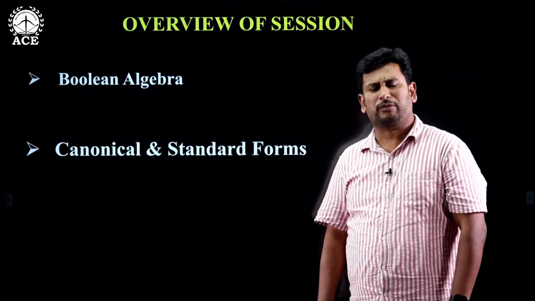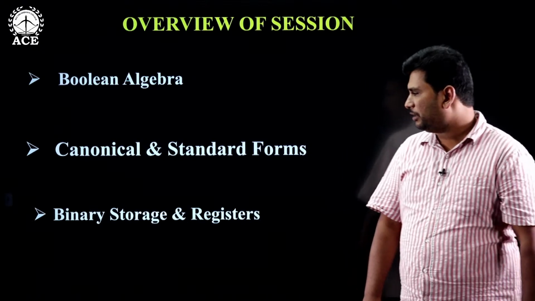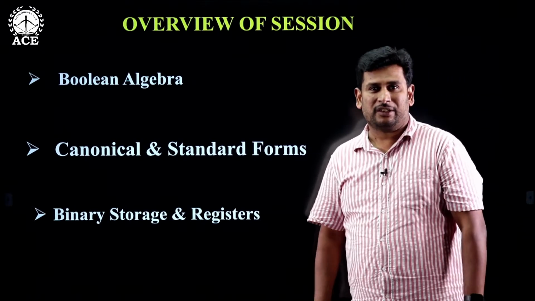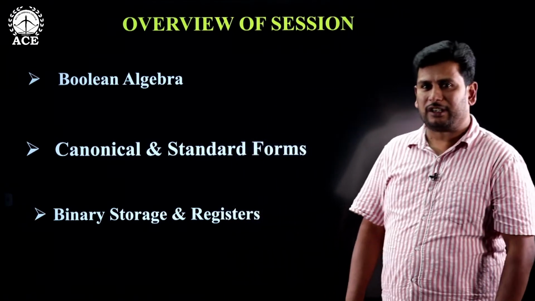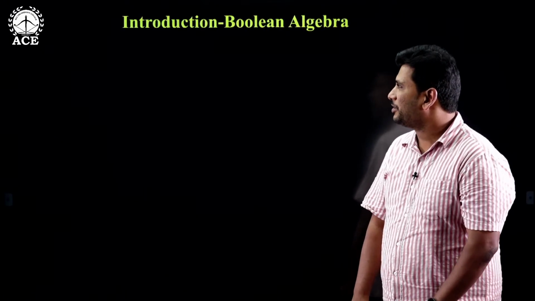Along with these two topics, we also discuss binary storage and registers. So hope we are ready for the session. Right. Welcome. And let's start our first topic, Boolean algebra.